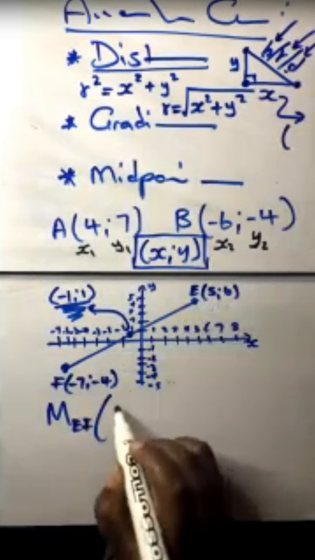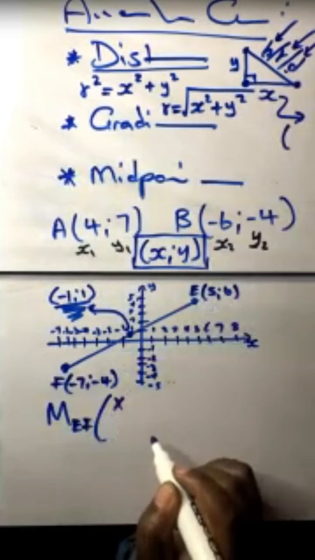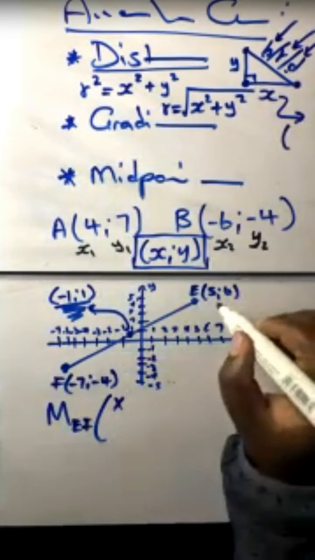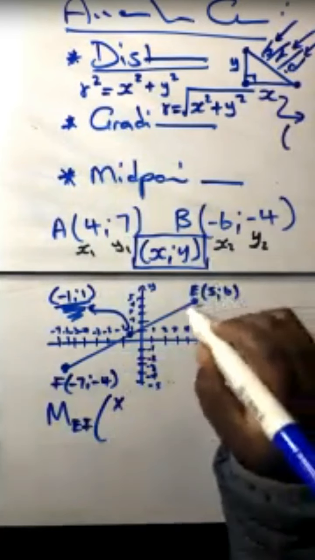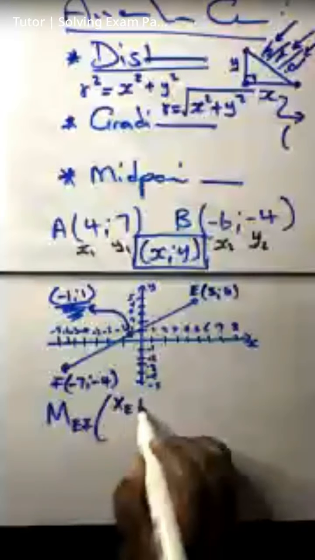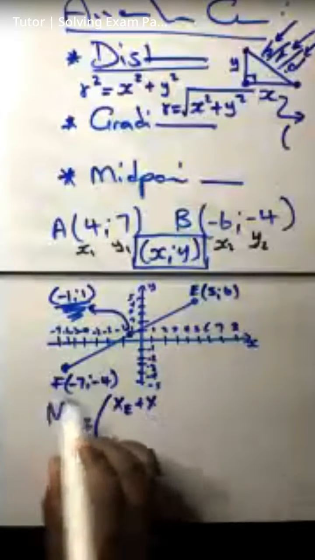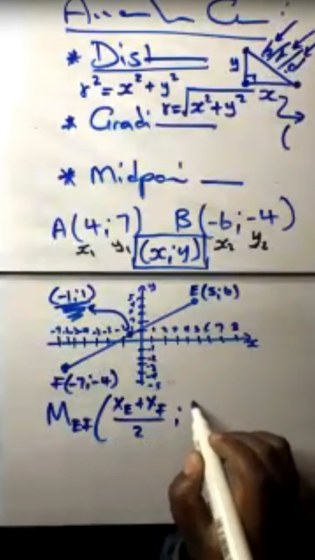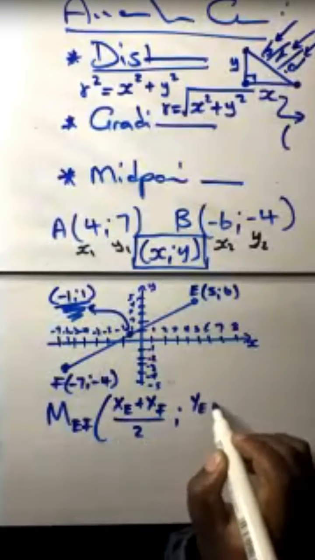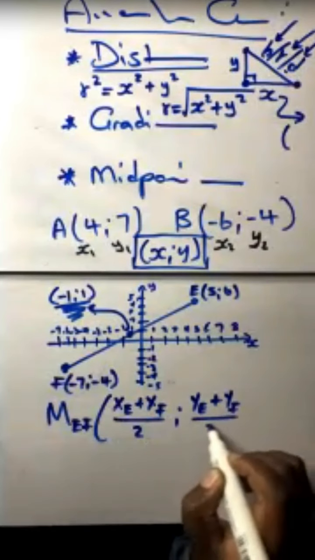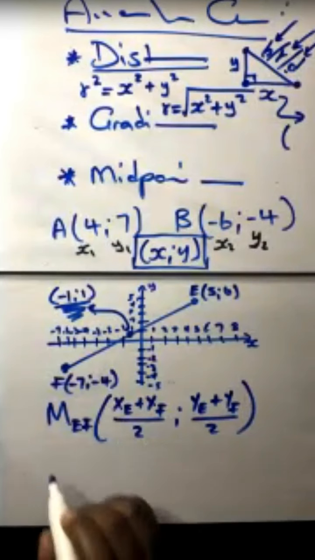E and F. Then in brackets, you're going to have X of the first value. What is X of the first value? It's going to be X of point E plus X of point F divided by 2. Obviously, do the same for Y. It's going to be Y of E plus Y of F divided by 2.